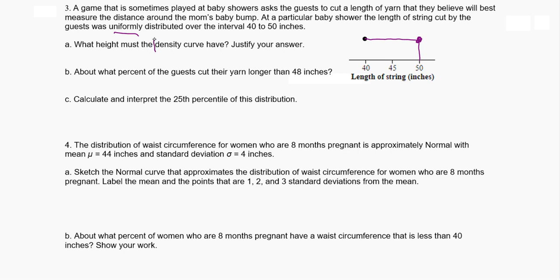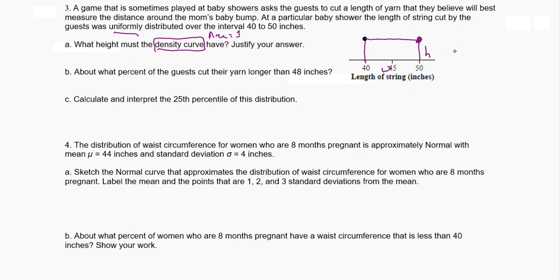If you saw our last video, we know that the density curve has an area equal to 1. To figure this out, we need to find this width, and this is our height.